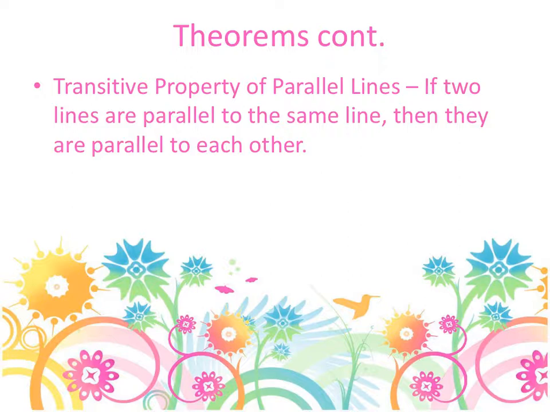This is called the transitive property of parallel lines. So this says if two lines are parallel to the same line, then they are parallel to each other. So let's say I draw 3 lines here.